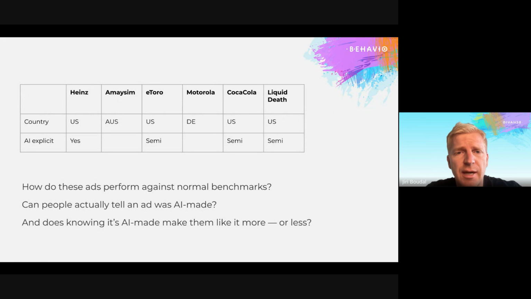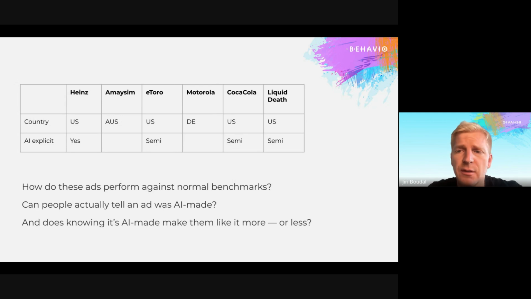Here's the list of the ads we have. You can see that they're from different countries, mostly US, but one is for an Australian brand that we measured in Australia, and one we measured in Germany. We also tried to have a list that is a little bit different in how the AI is used.